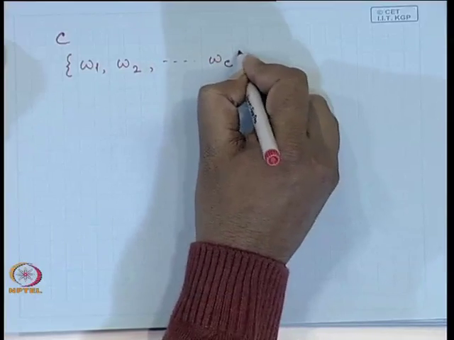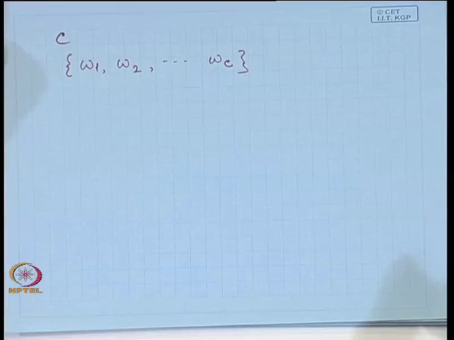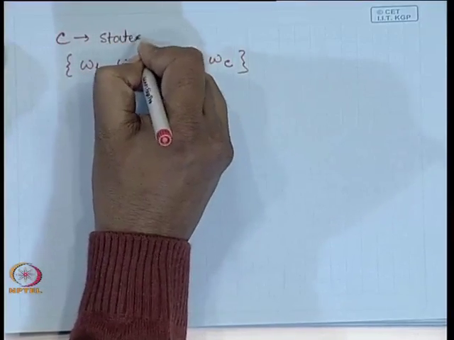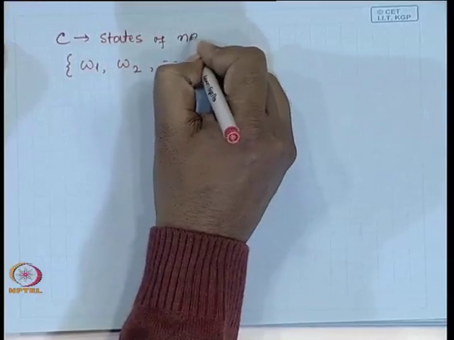As I said, we will have more than one state of nature. Let us assume that there are c states of nature, or c classes to be more specific in our application, and let us call the set of classes omega 1, omega 2, up to omega c.